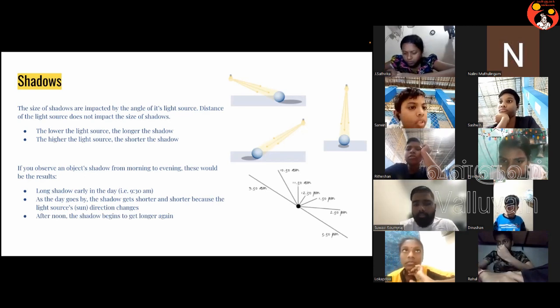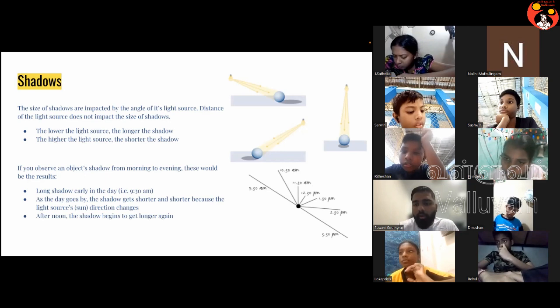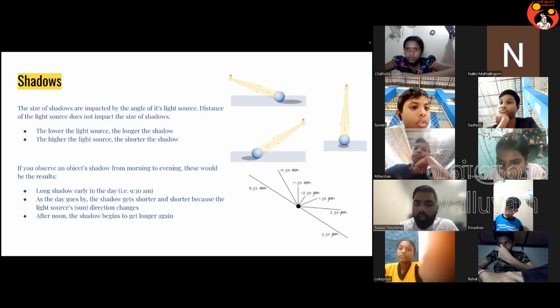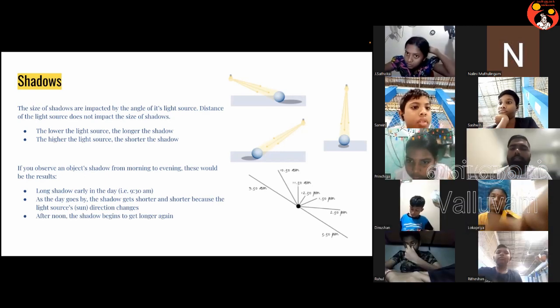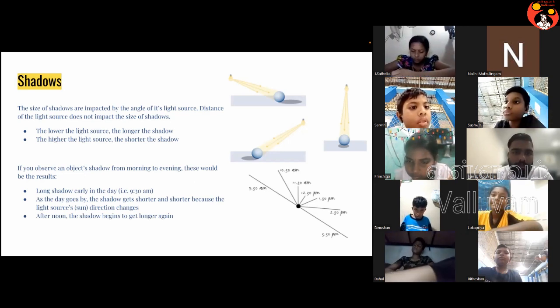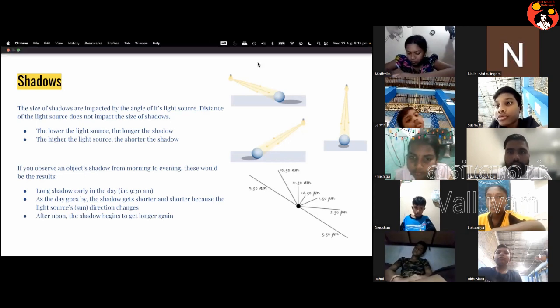As we pass noon and the sun starts to go the other way, the light source starts going lower and lower again. So you'll see the shadow becoming slowly longer, longer, longer, until we hit the evening or nighttime where the sunlight disappears. Any questions with that explanation there?